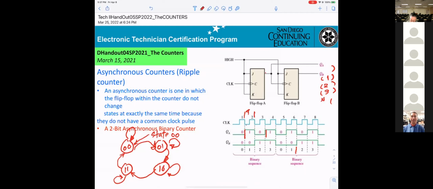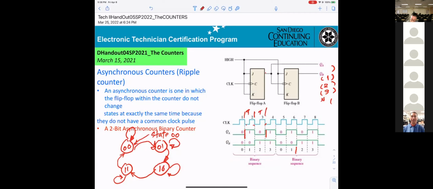From here to here is 1T, from here to here is 1T, so you get another T right here. So the period of QA will be 2T. When you increase the period, the frequency goes down. So if you have 10K, then the output has to be 5K.